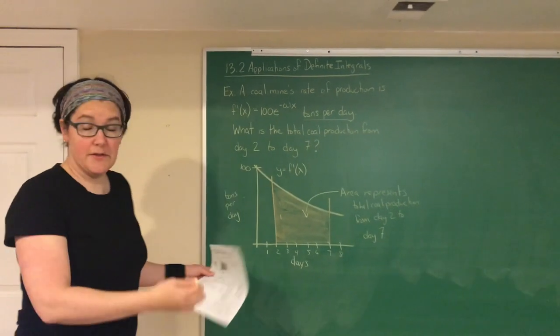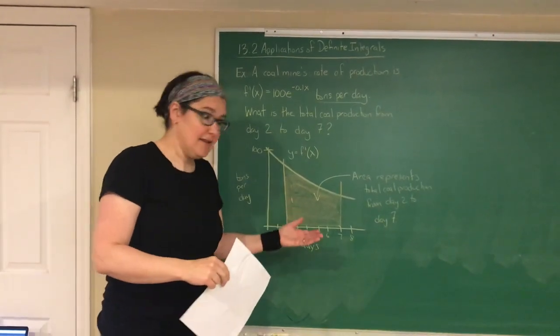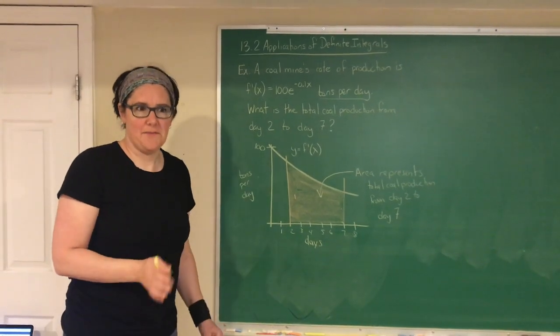All right, now when I first introduced this problem to you in last class, I said, and it turns out that the area is 322. Well, we're going to actually find that number.